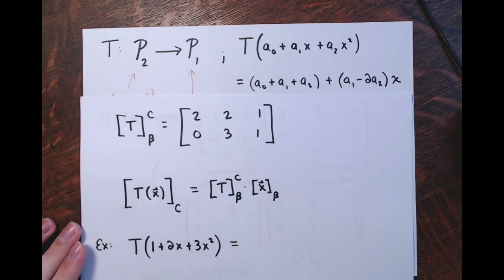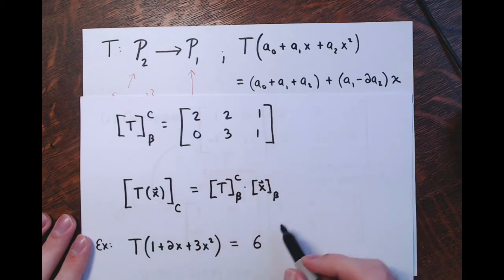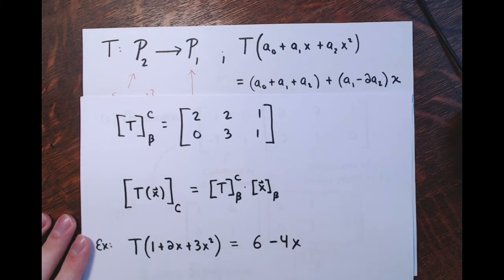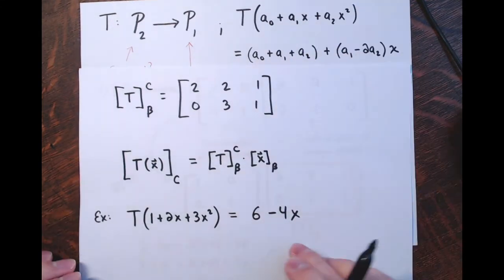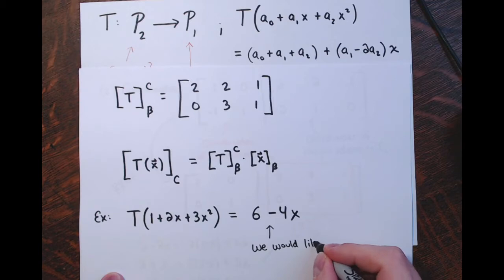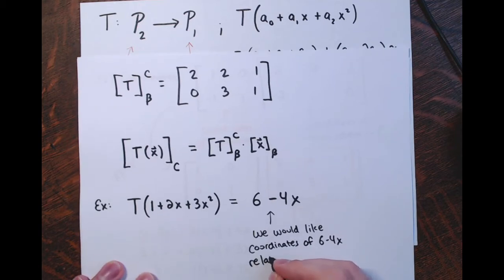So let's see, that would be equal to 6. All right, 1 plus 2 plus 3. And then 2 minus 6, so minus 4x. Now these are just plugging into the normal rule. Now what I'm saying is now we would like the coordinates of this 6 minus 4x relative to C, relative to basis C. Okay.